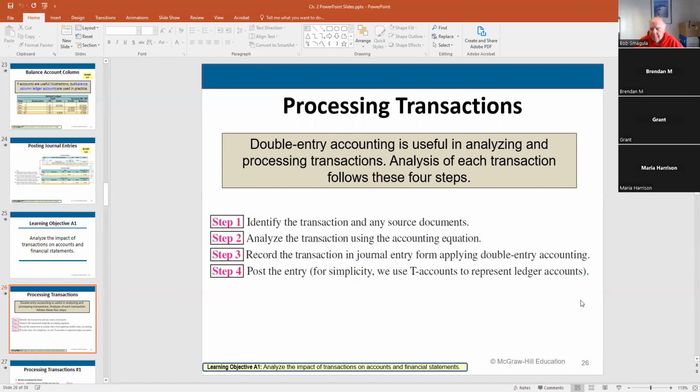It could be complicated. It could be very simple. Identify the transaction and analyze it using the accounting equation. Record it in the general journal via a journal entry, and then post. And keep in mind, for simplicity, T accounts represent ledger accounts, okay?